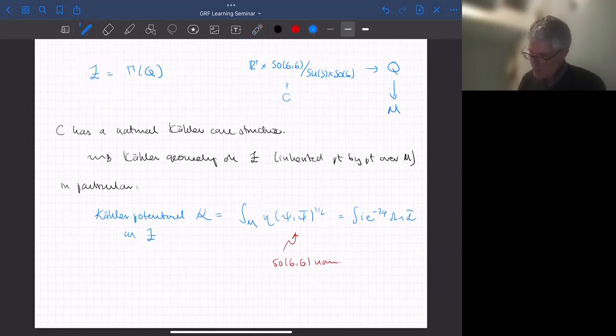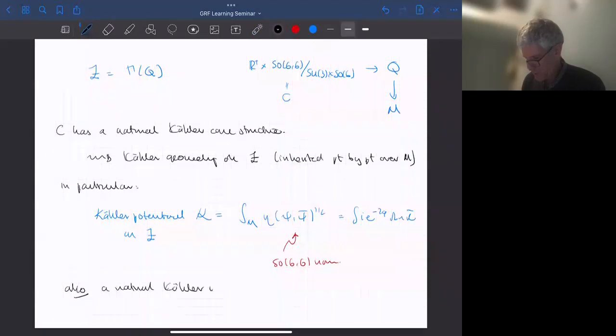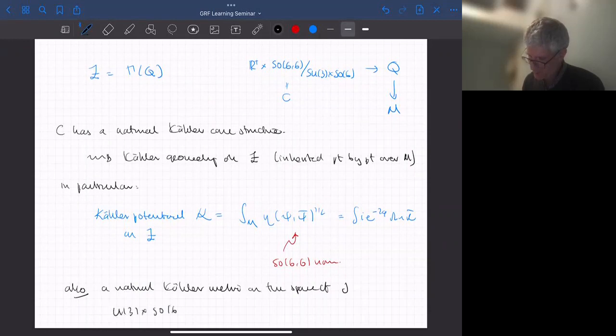Now, I should say there's also a natural Kähler metric on the space of J's, in other words, the U(3) times SO(6) times U(3) plus structure.